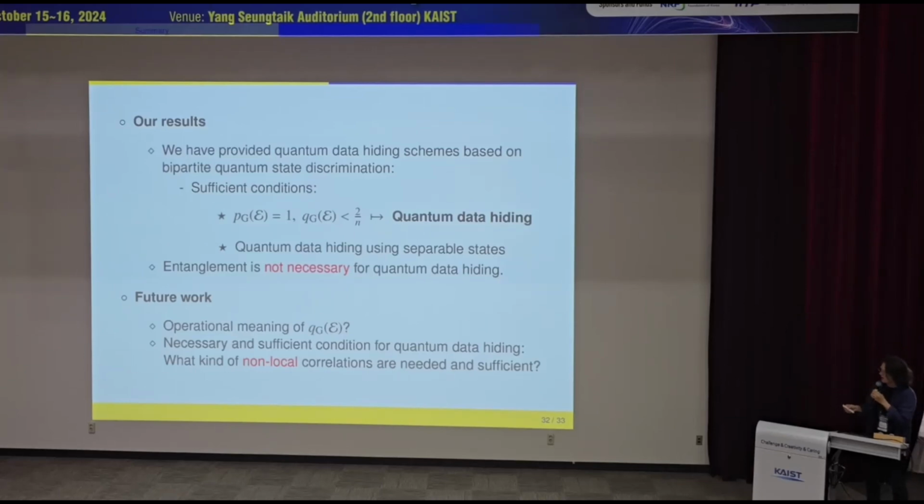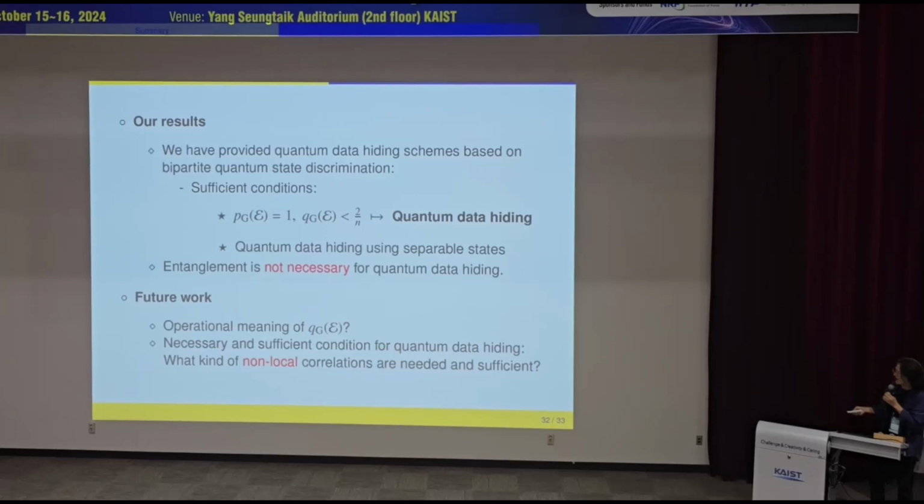So we can say that entanglement is not necessary for data hiding. And a possible future direction is that first we define the quantity QG and we use this to bound PR. So we need to find some operational meaning of this with respect to data hiding. This is a sufficient condition, but not necessary. We want to find some operational meaning of this QG.